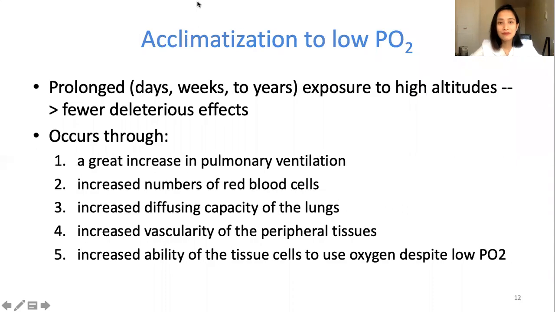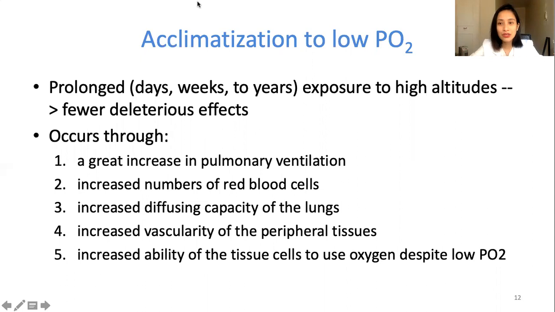So what happens if you try to stay in high altitude areas and become acclimatized later on? If you stay for prolonged periods of time, weeks to years, being exposed to high altitude, there are fewer deleterious effects. This occurs because of compensatory mechanisms in the body. There is a great increase in pulmonary ventilation, as I've mentioned earlier. There's also a corresponding increase in the number of red blood cells, and an increase in diffusing capacity of the lungs, or DLCO.